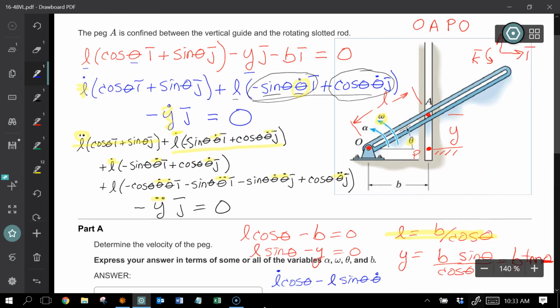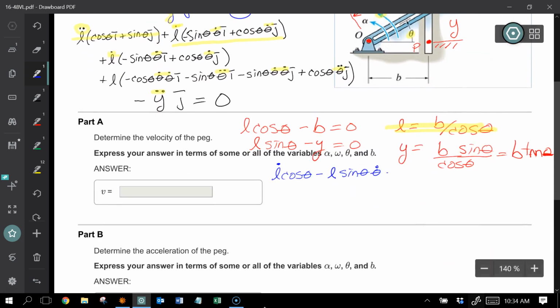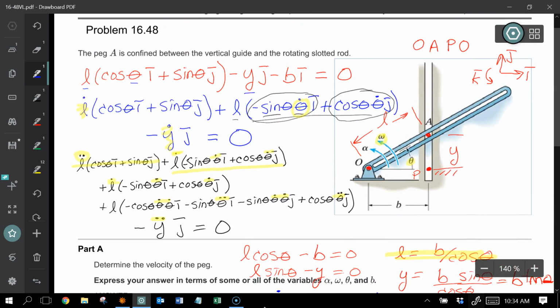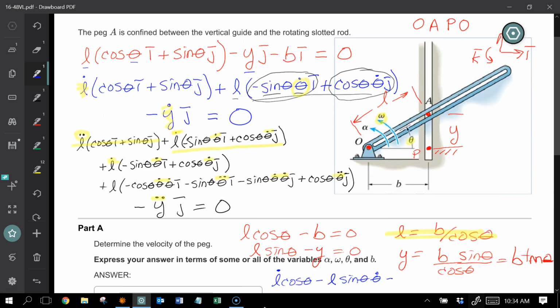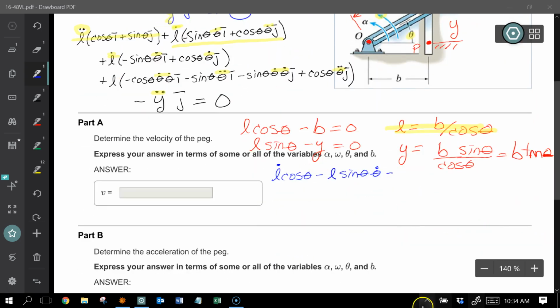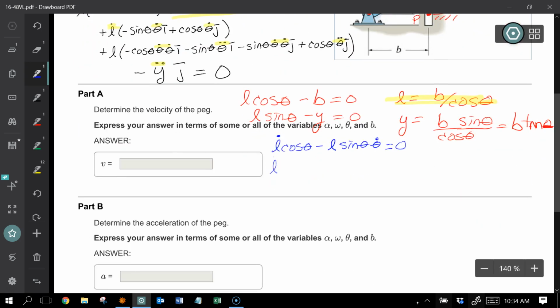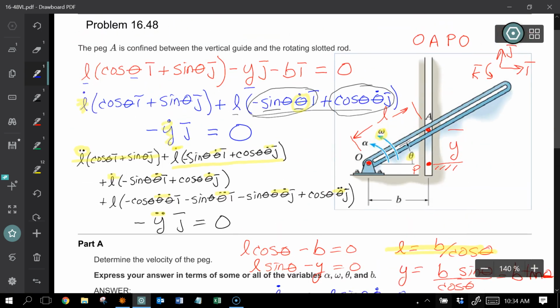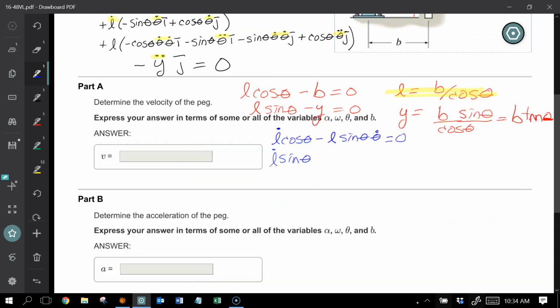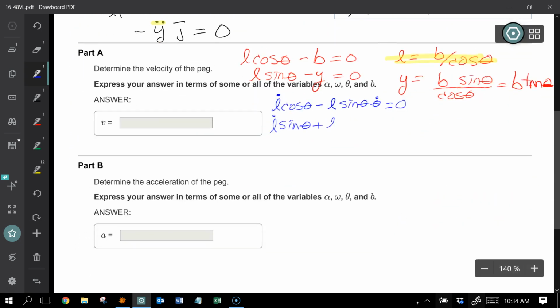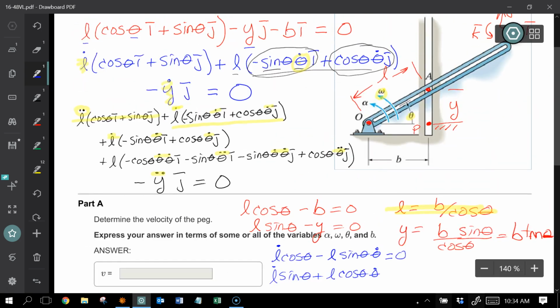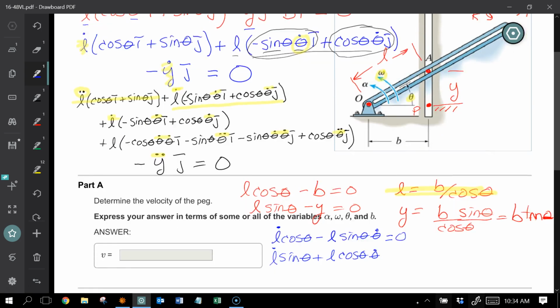That's it for the i's, so that equals 0. And then let's pull off the j's. So I have L dot sine theta. Here's the j here, L cosine theta, theta dot. And then you have another j term, negative y dot.